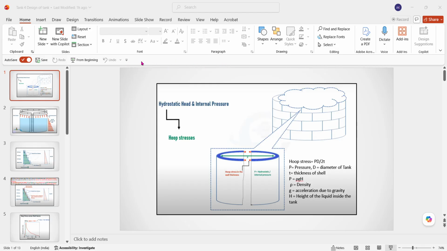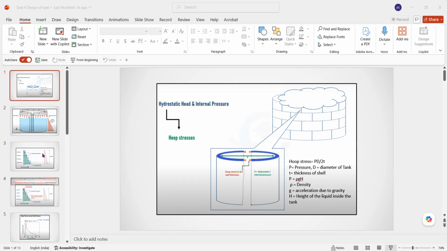Once you have the thickness value, you see in the chart which plate is to be selected. If it is 0.8, then you select this one; if 0.87, go to the higher side. So you have to select the higher side plate thickness.